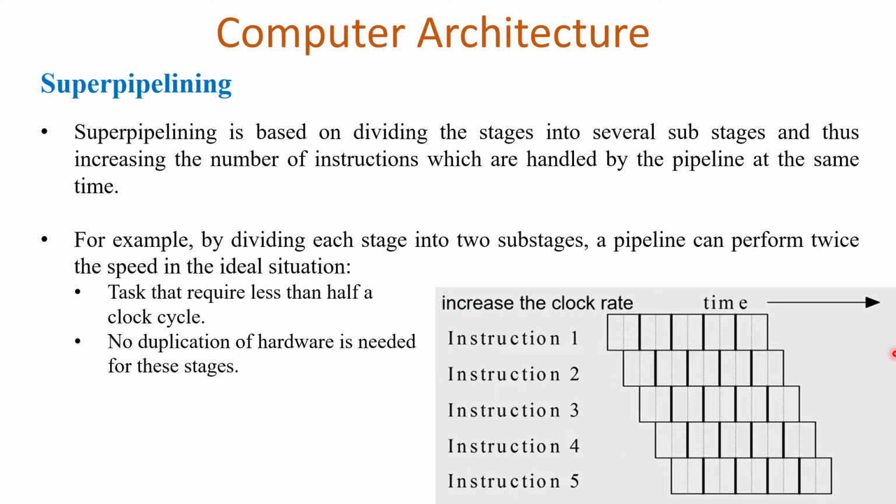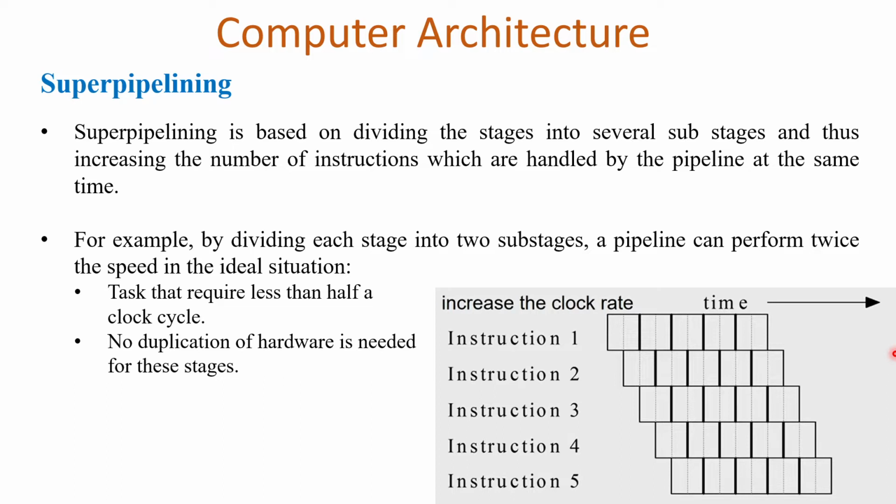So if we elaborate this point, what I mean is that instead of considering fetch, decode, execute each as an individual stage, if we are able to make more division among all these different stages. Suppose that the fetch operation can be divided into two parts, first part of the fetch operation and the second part, and same thing for decode and execute and write back also.